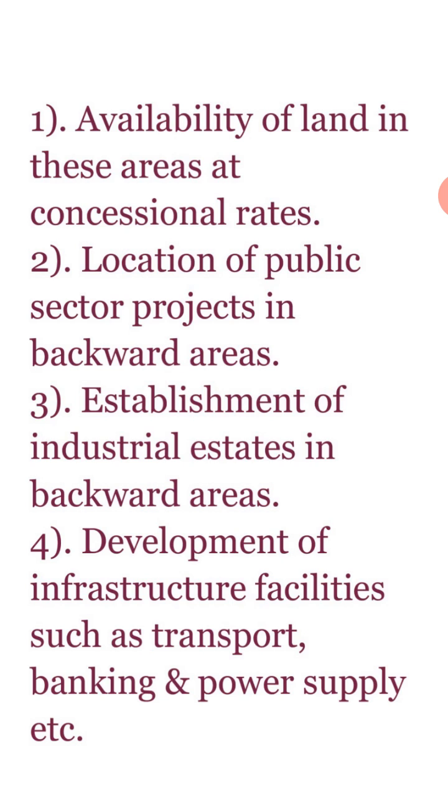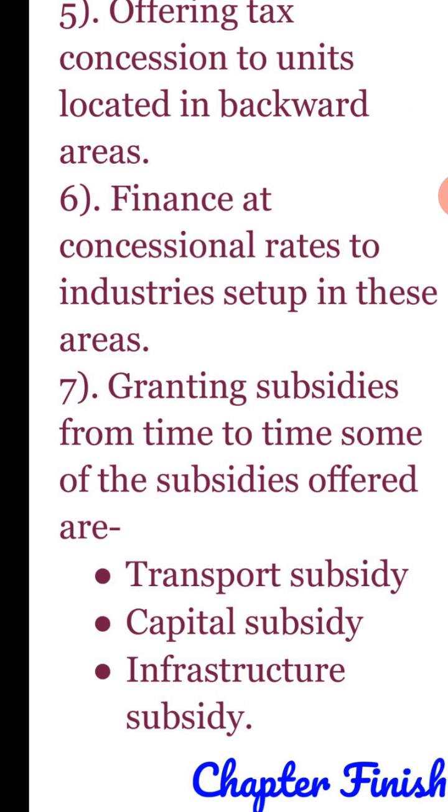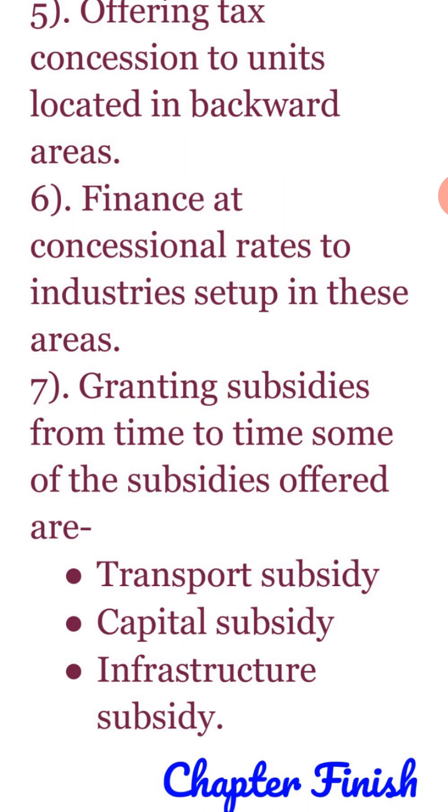Next, development of infrastructural facilities such as transport, banking, power supply, etc. The government is providing all these infrastructural facilities, including warehousing, transportation, banking and power supply, at very concessional rates. Next, offering tax concession to units located in the backward area. Another grading element is provided, that whichever unit is established in the rural area will be given concession in tax or can be given a tax holiday as well.